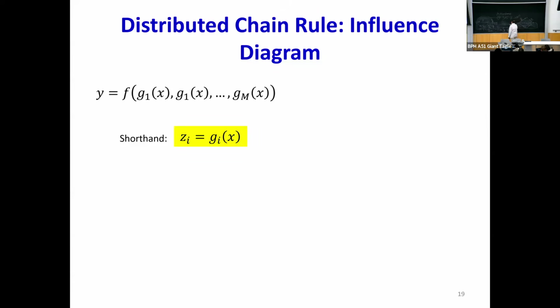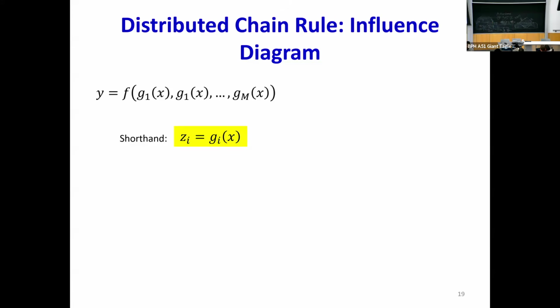So I can say delta y equals summation over i dy over dzi times delta zi. Correct? And delta zi in turn equals dzi over dx times delta x. So this gives you your distributed chain rule. Everybody see how that figure worked?